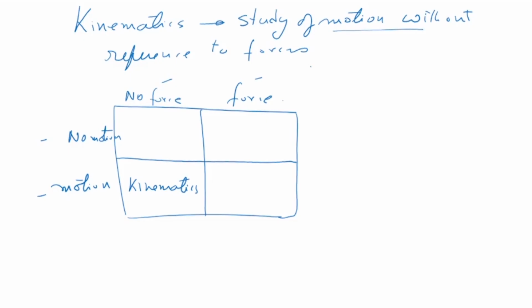So if you figure out a 4-bar mechanism which is just moving, we can talk in terms of the angular velocities and the linear velocities, and not talk about the forces which are acting at the joints. Such a study would be called kinematics. The other is, if you are looking only at force and you have no motion, this is called statics.